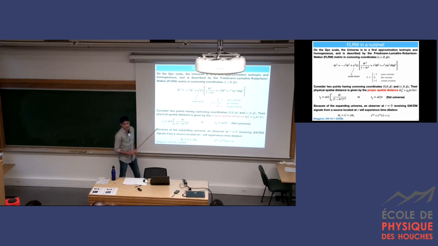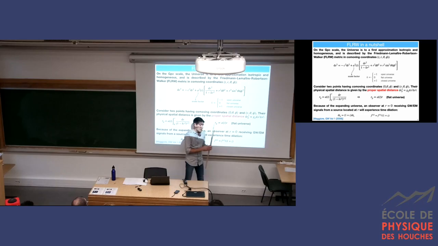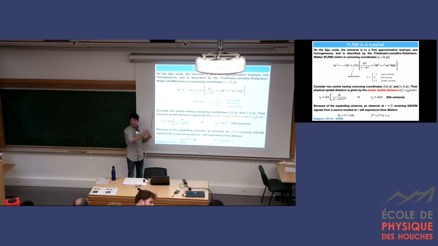And as a metric, it gives us basically the description of the geometry of space-time. There are some ingredients which are useful here for us. In particular, I want to point out that we have a function which is called a(t), which is called the scale factor. Basically, this tells us how the spatial part of the metric changes as a function of time.